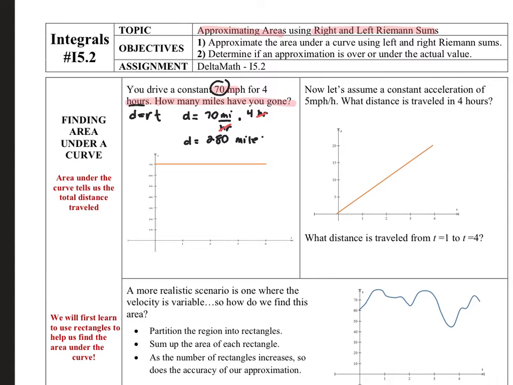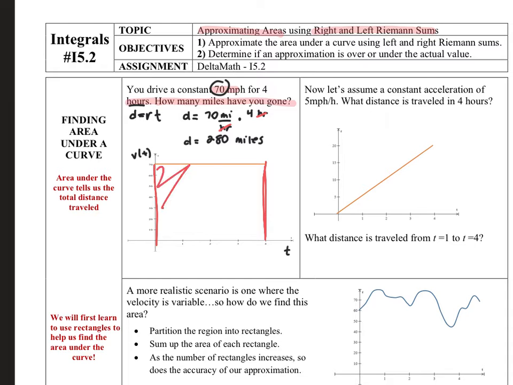I wanted to present this to you in a time versus velocity graph, just so you can see that we are really actually just calculating an integral when we're doing d equals rt. Here is my constant rate, my constant velocity of 70 miles per hour. Over 4 hours means I'm going to block this off from 0, which is just the y-axis, to 4.